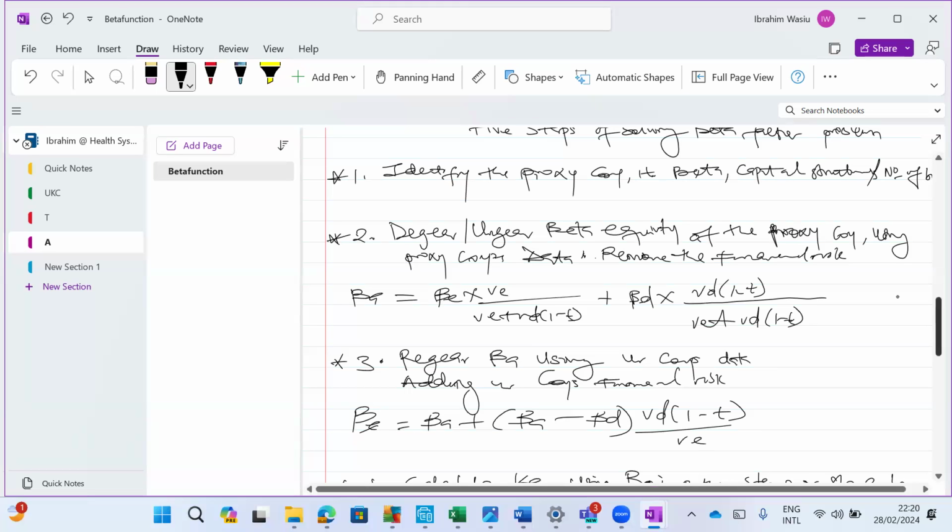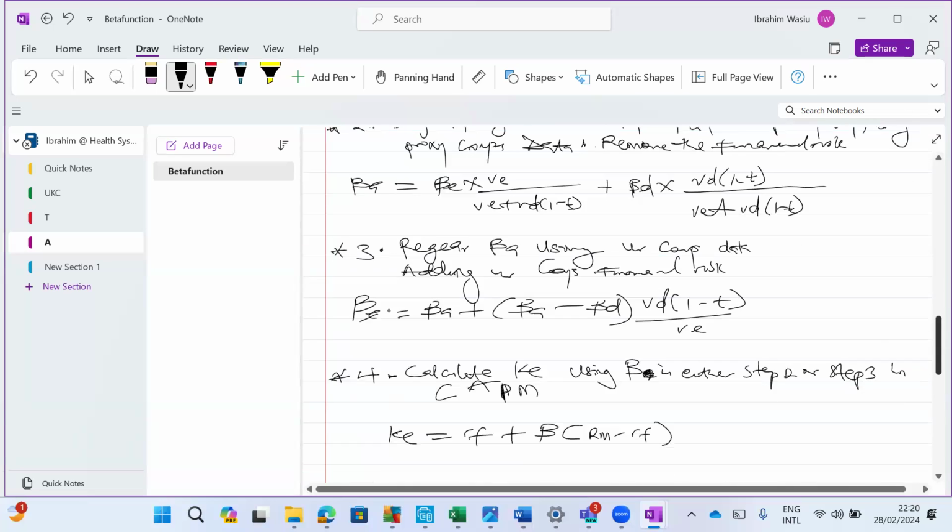So we're not seeing what you are writing. Scroll down. Sir, this is your step 5, eh? Me, I'm lost too. It's the normal step of calculating your WACC now. That is WACC calculation.